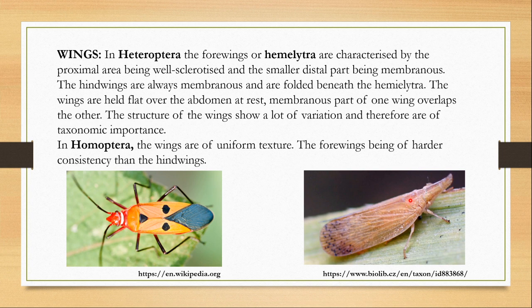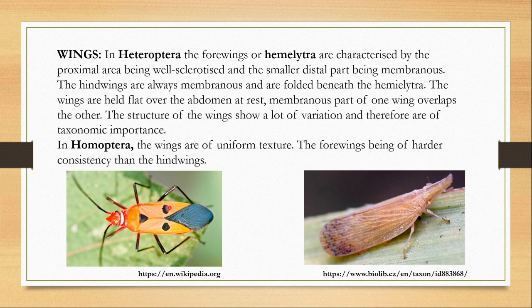So this has a homogeneous texture. The forewings are harder in consistency than the hind wings, but in both forewings, from the basal region to the apical region, their texture is the same.